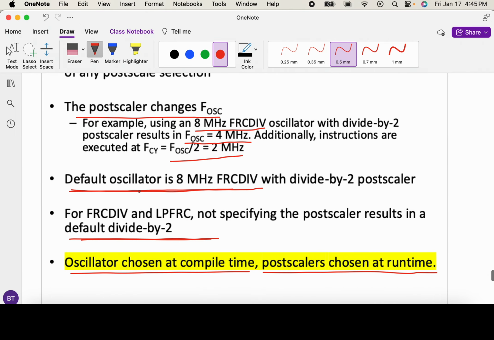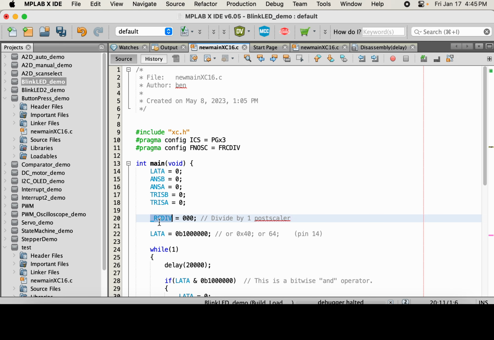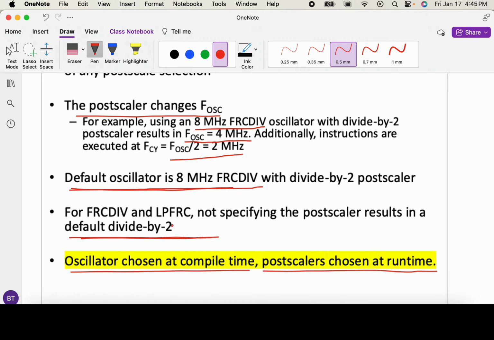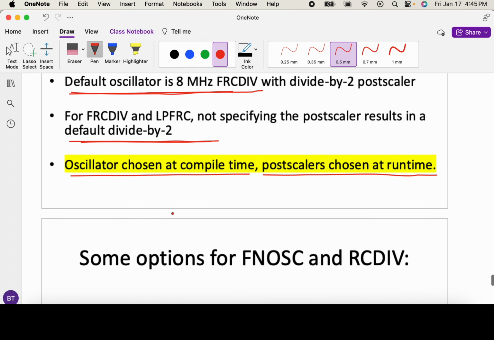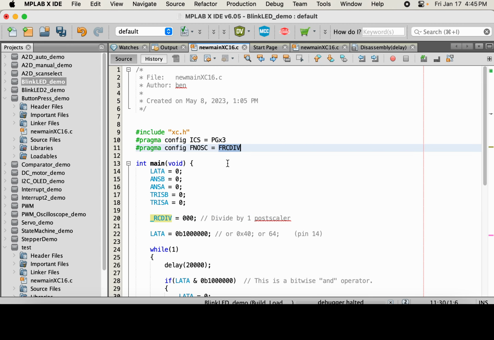Okay, so oscillator chosen at compile time, postscalers chosen at runtime. Anywhere in your main loop, you can reset the postscaler if you want to use a different oscillator speed at some point. This table is really handy. This column gives you the definitions that can be used for your oscillator speed at compile time.